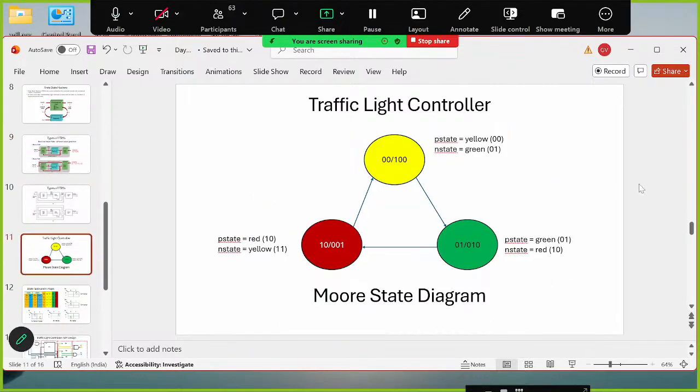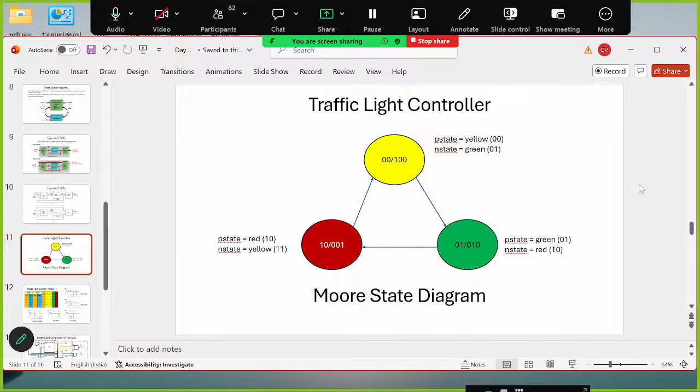Let us start the concept with a simple real life example where you can utilize this concept, in a very simple state diagram, not very complex. Because you are familiar with traffic light controllers in day-to-day life, you can understand what I am trying to convey.